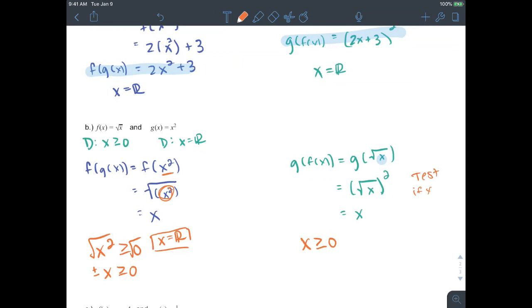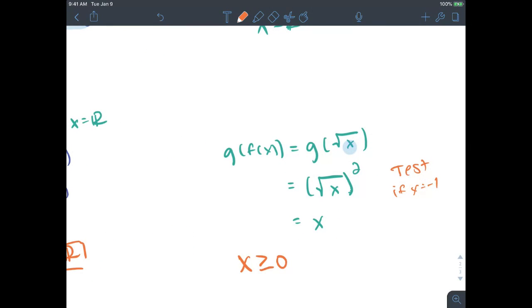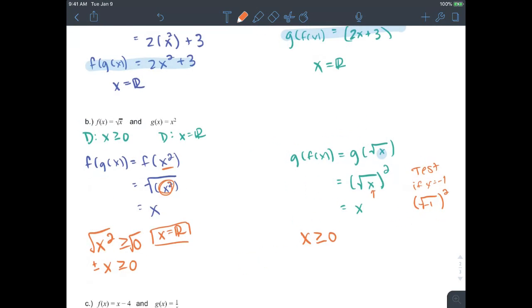If x is equal to -1, I'm going to have the square root of -1. How do you take the square root of -1? You don't. So you're going to have to make sure that your domain says that the numbers that get plugged in right here are greater than or equal to 0. Okay, so there is a little bit of a restriction. It means that your line will only graph on the right side of the graph.